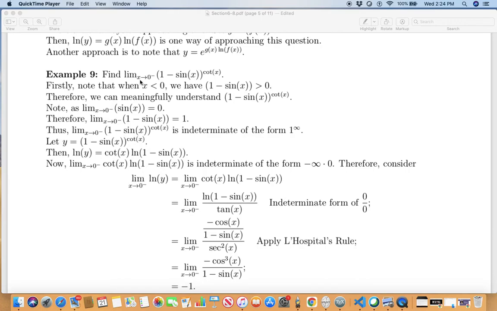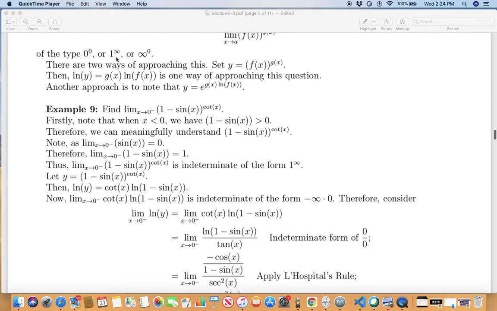You will see better. x approaches 0 from the left hand side. 1 minus sine x. So this quantity approaches 1. Whereas cotan x, cotan is cosine over sine. That approaches negative infinity. You see, or infinity, doesn't matter. So 1 power infinity, that's indeterminate.